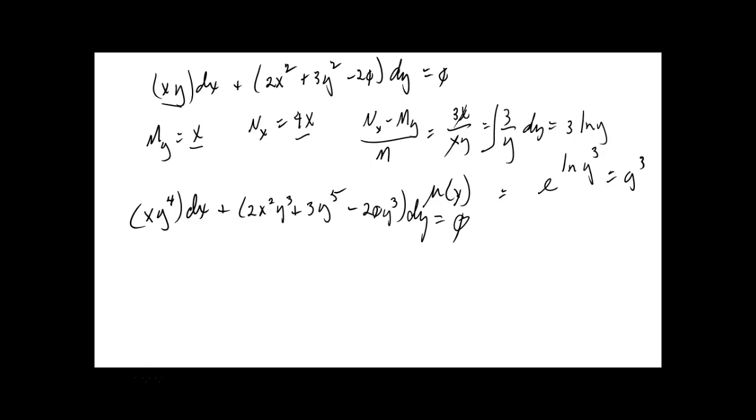Now, if you have any doubt at all, go back and do it again. Take the partial of this with respect to y, and what do you get? 4x y cubed.